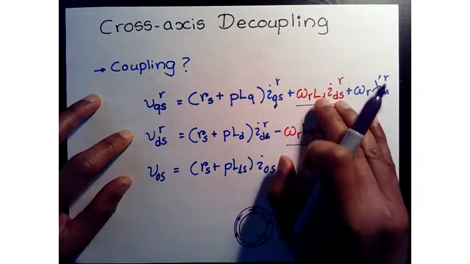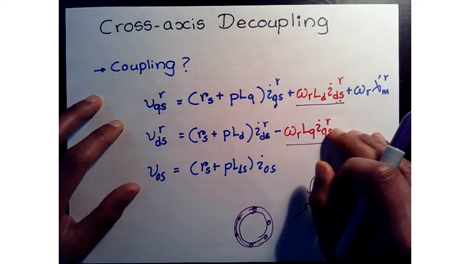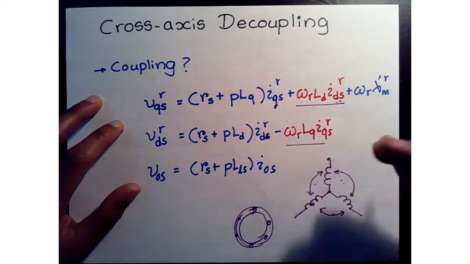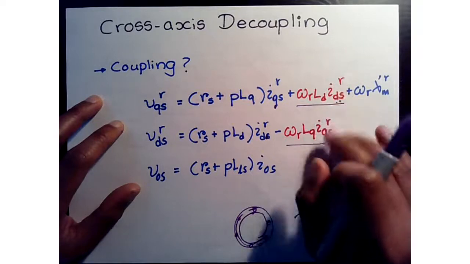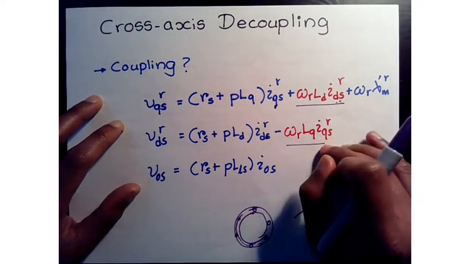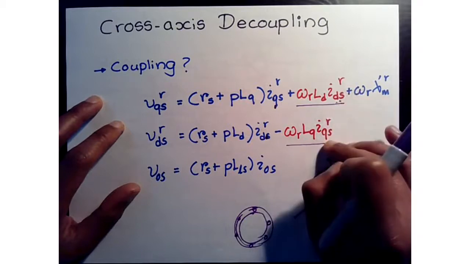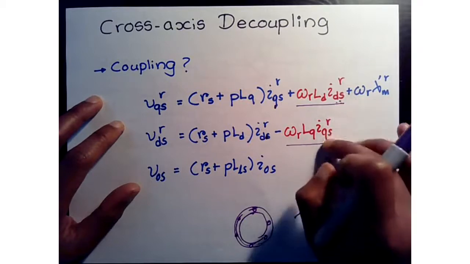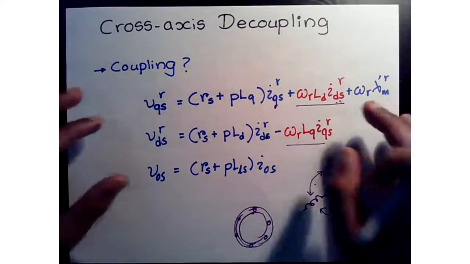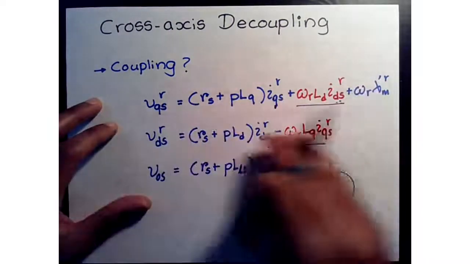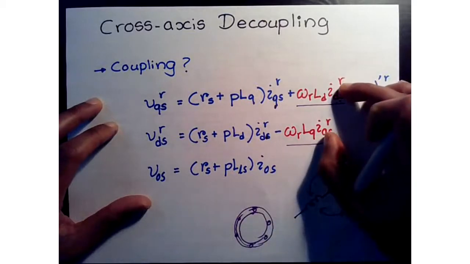Because of the coupling, we might not be able to handle very high dynamics. So engineers have thought, okay, can we come up with a strategy to remove this coupling from the two equations? That way we can independently control the q and d axis without having the coupling terms.